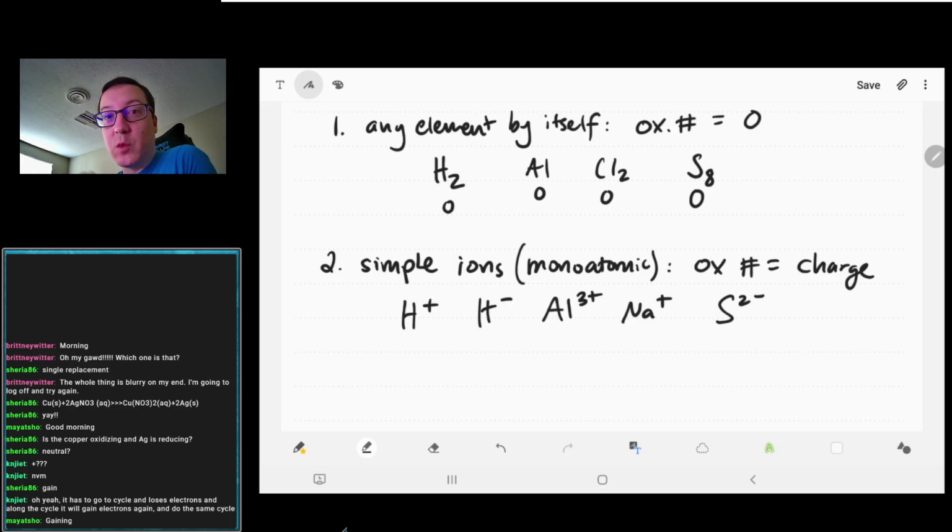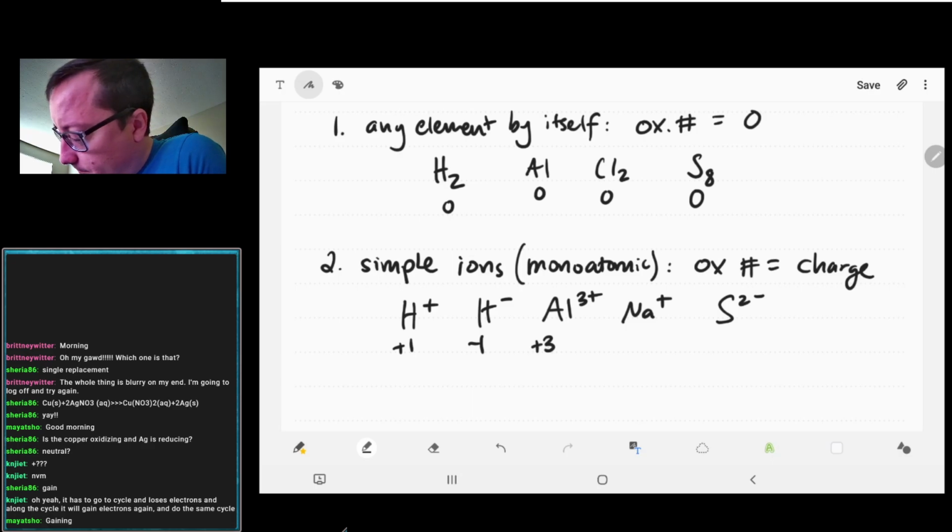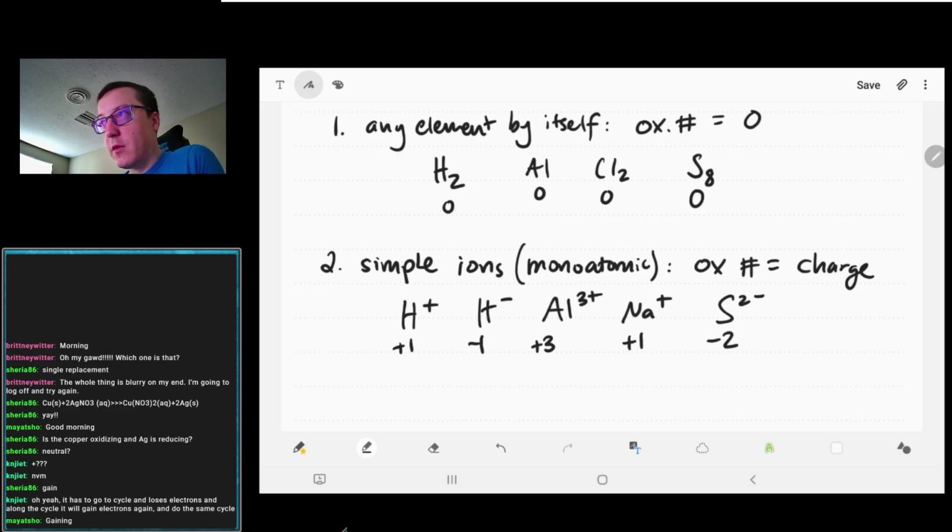Simple ions mean it's one element only, not polyatomic. The oxidation number is just equal to the charge. So nothing too crazy there.